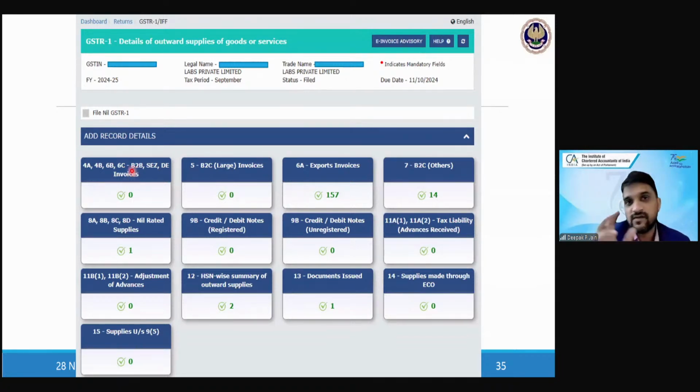Invoice wise, we have to give separate reporting because all cannot be cluttered in one place. So it is systemized by giving different kinds of transactions. If it is B2B, it will come here. If it is B2C, it will come here. Exports will come here. Then B2C others. So like that, there is classification. You will mention all your sales in your GSTR1.